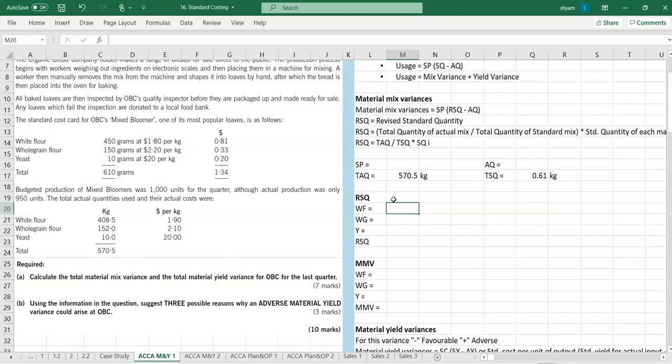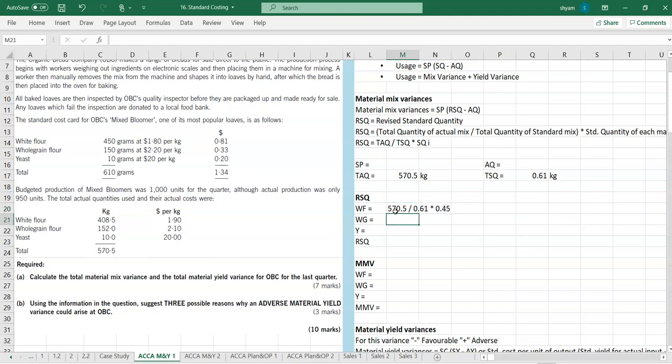Okay, so our formula is TAQ 570.5 divided by TSQ. So TSQ is 0.61 into the standard quantity of mix. The standard quantity of the mix is 450 grams. So we can put it as 0.45. So we'll get the answer.